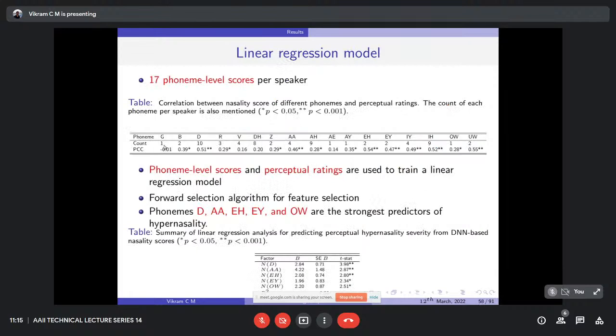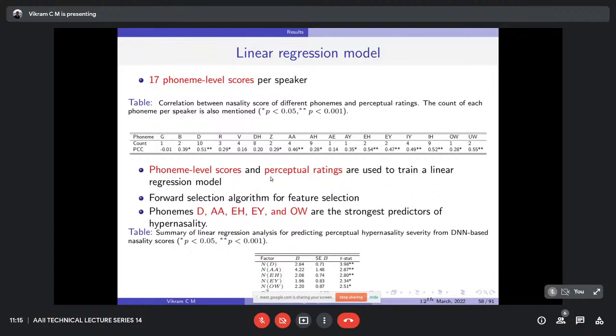For the different phonemes, we computed these nasality scores, and we noticed that some of the phonemes are highly correlated with the perceptual rating, while some of them are very weakly correlated. That's why we used a linear regression model.